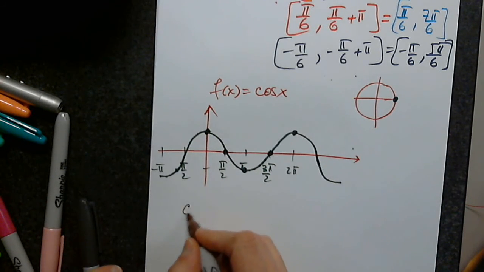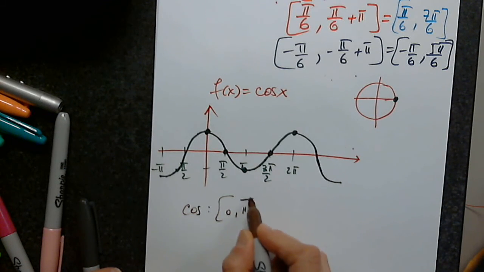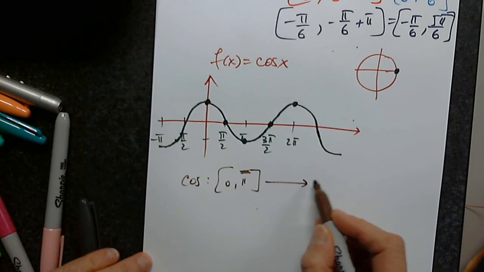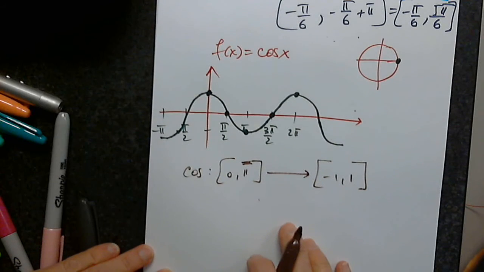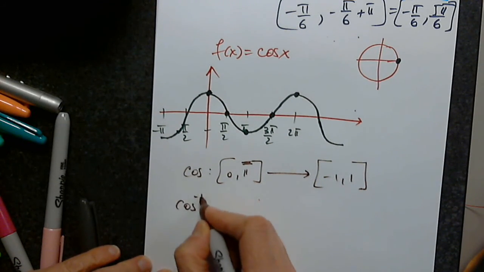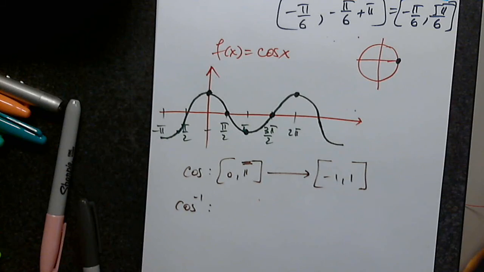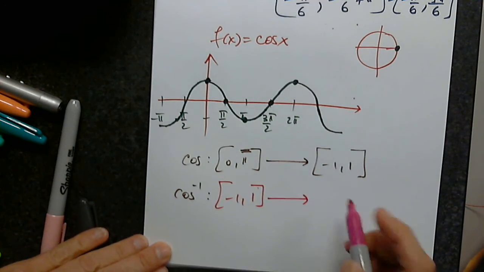So we are going to say that cosine is defined on 0 to pi. That's the domain. What is the range again? 1 to negative, or negative 1 to 1. Good. Because we want to create cosine inverse. And what would be the domain and range for cosine inverse? Very good. Yes.